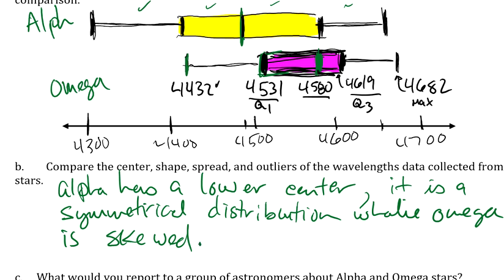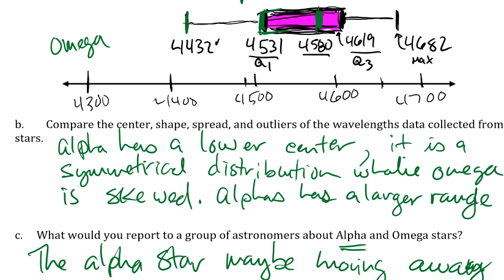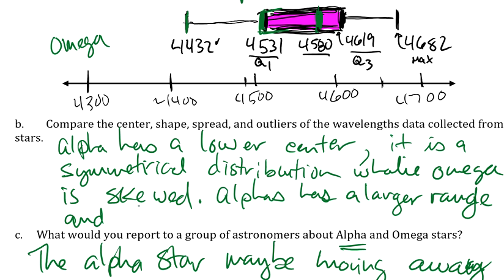The other thing is that alpha has a larger range and a larger IQR. The range is just max minus min, and the IQR, I always say IRQ, it's the interquartile range, which is Q3 minus Q1, just for reference.